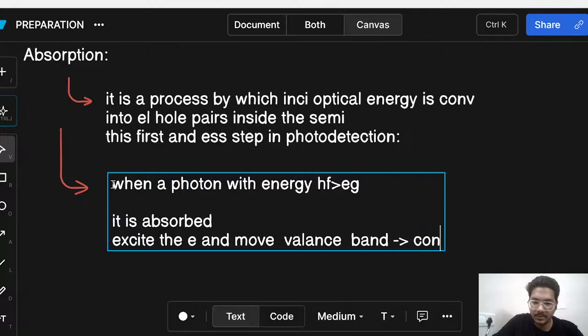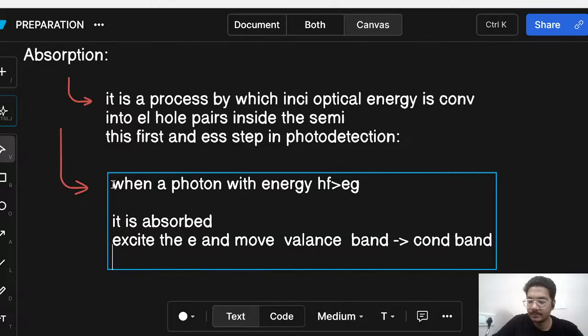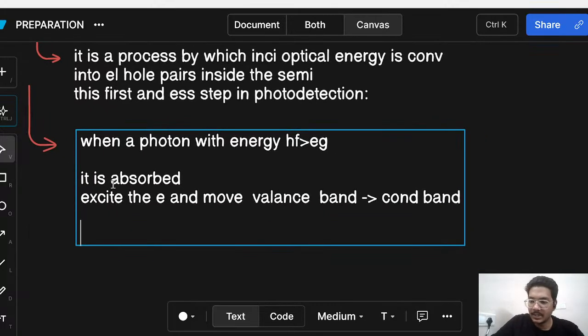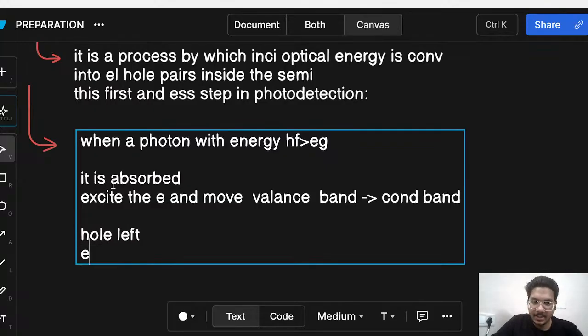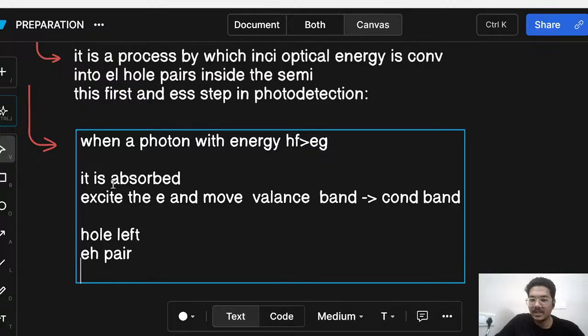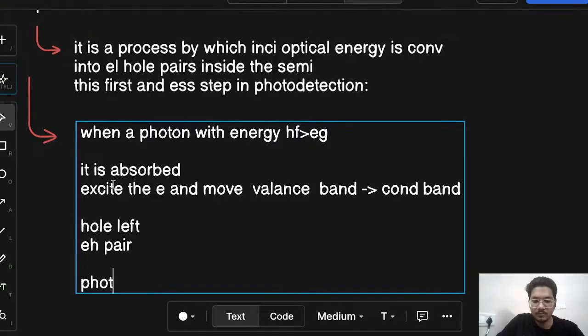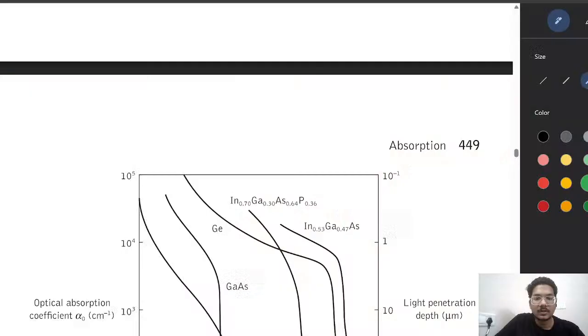This leaves a hole behind, and this creates an electron hole pair. This is exactly what makes the photocurrent possible.